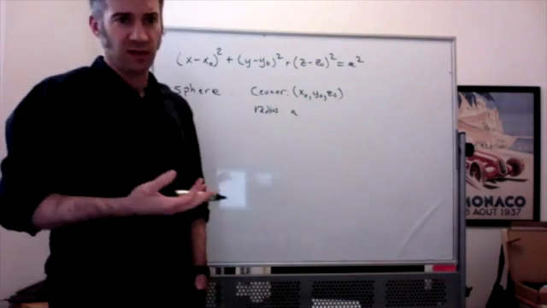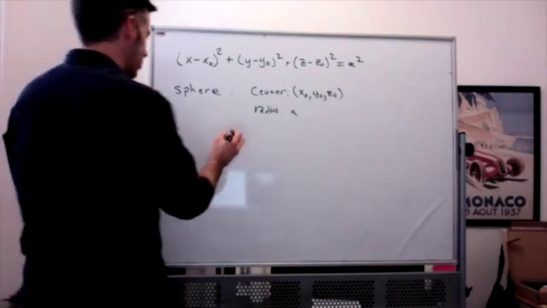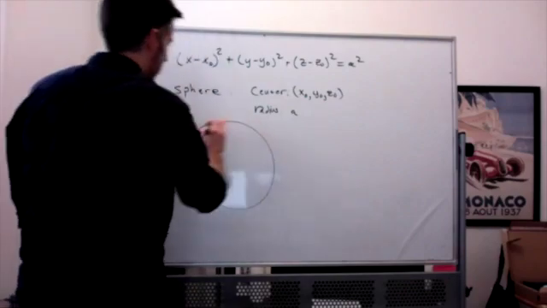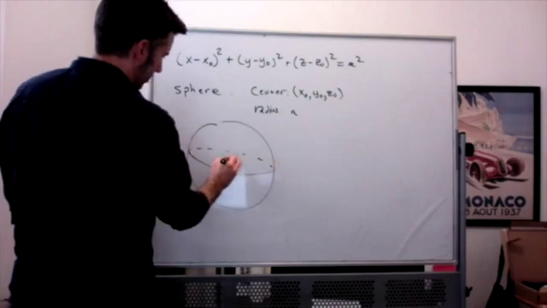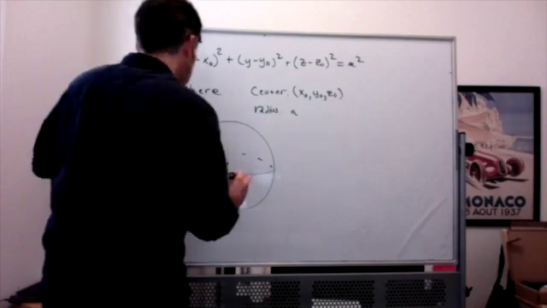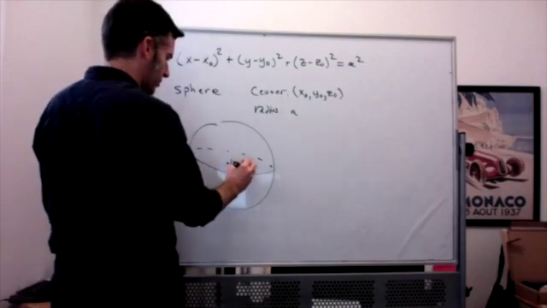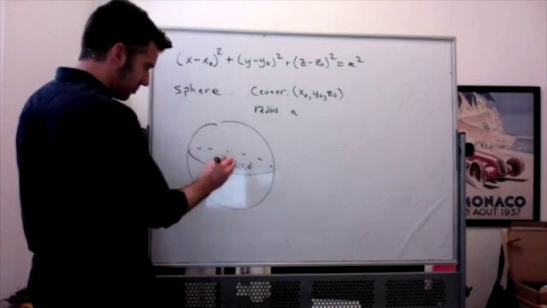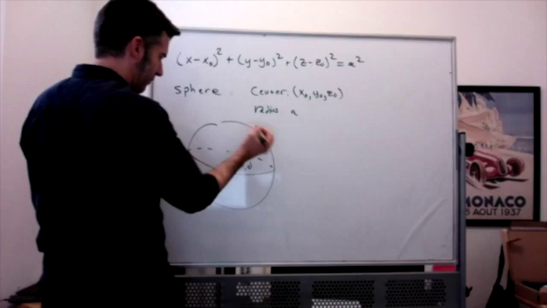And the reason this works is because of how the distance formula works. Let's pick a center point like (2, -1, 0), and the radius is, let's say, 5.